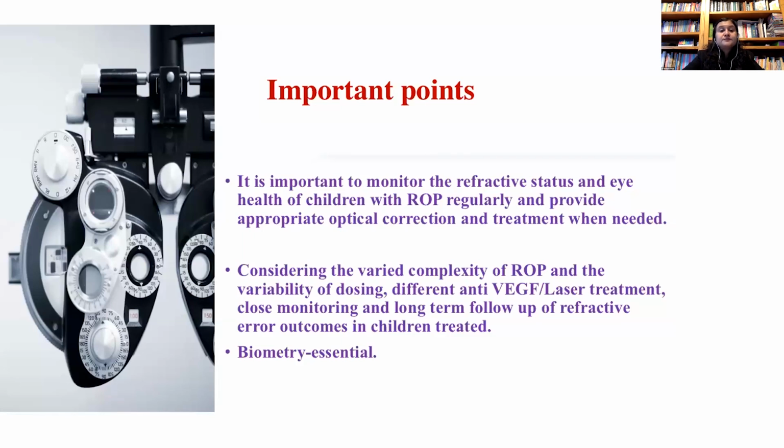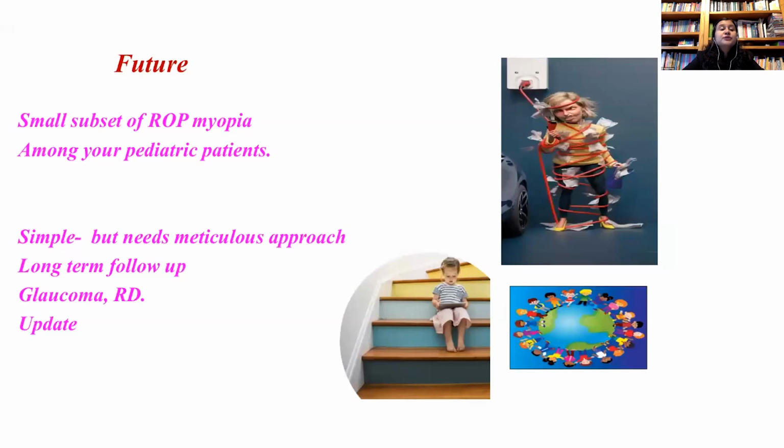So, to conclude, these patients are a small subset of your pediatric patients, and these children have already undergone a stormy course in their early life, so they need long-term follow-up. The follow-up is simple, but one needs a slightly meticulous approach, and long-term follow-up is required to see any occurrence of glaucoma, myopia, retinal detachment and strabismus.